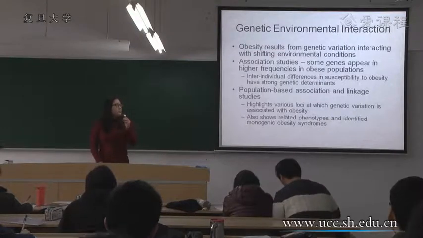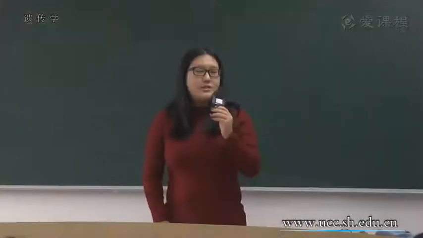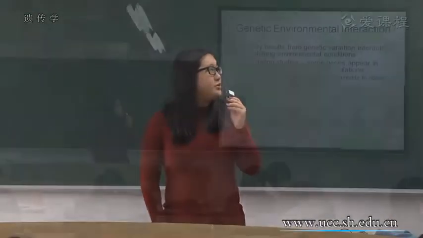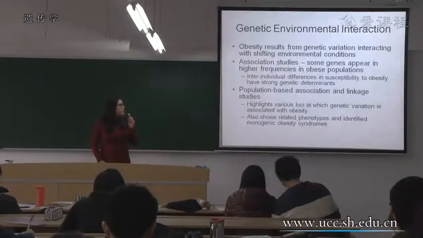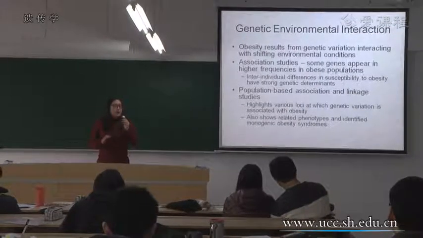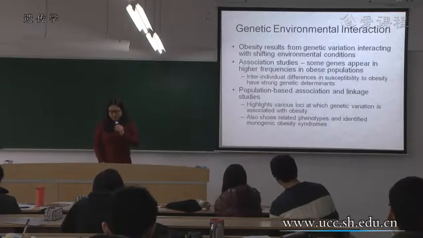Many studies have been done, such as association studies, where they see how obesity appears in certain populations over other populations. And they also have population-based association and linkage studies, where they try to see at which loci they have a genetic variance and how that's associated with obesity.